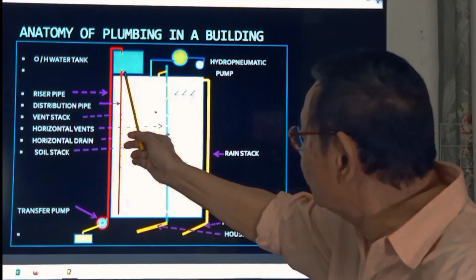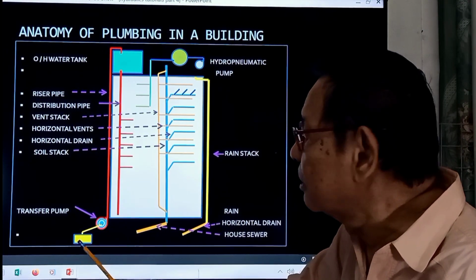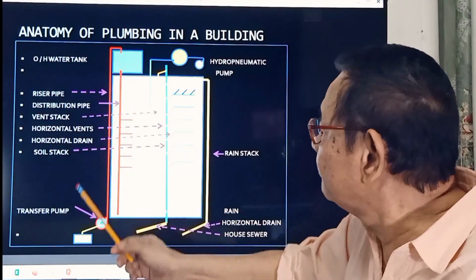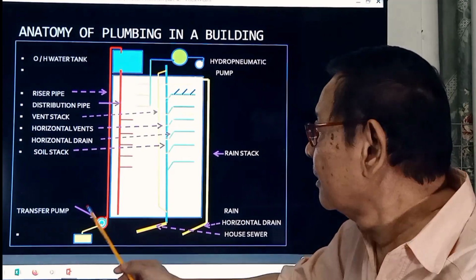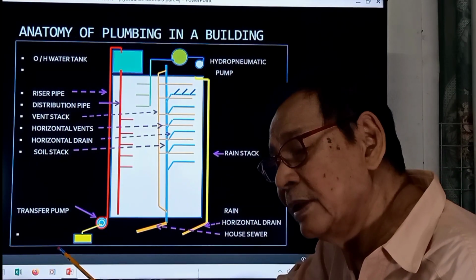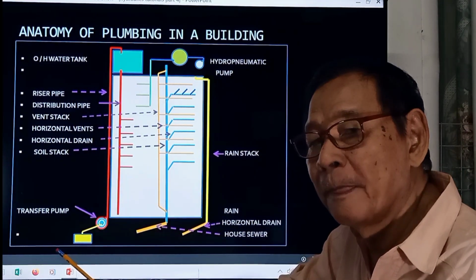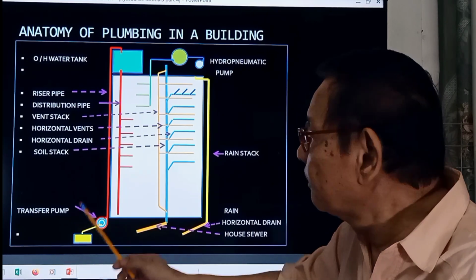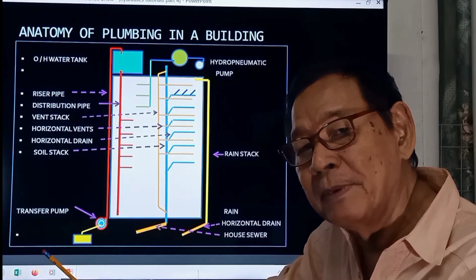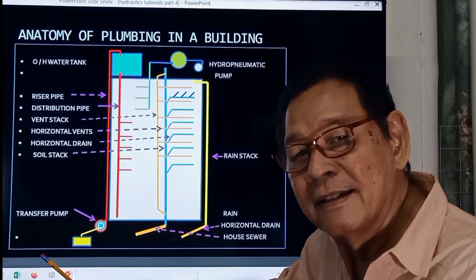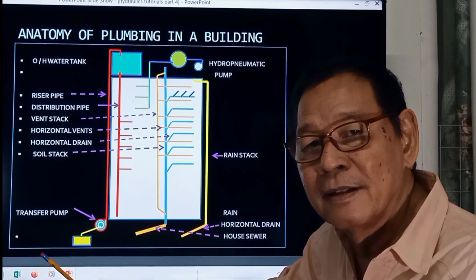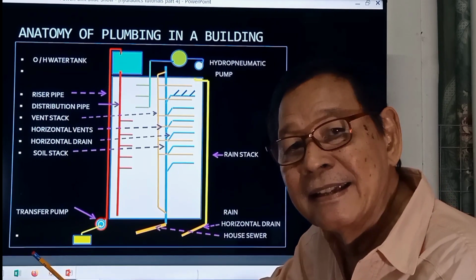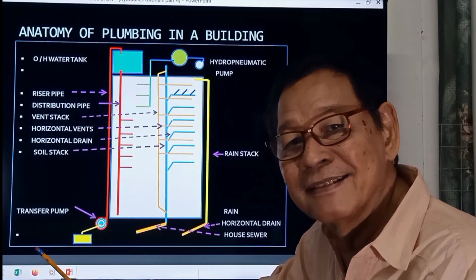So the distribution downfeed below, if it is the high-rise building, from any point here, we need to reduce the pressure. Because a pressure of more than 70 psi is not acceptable for a plumbing engineering design.